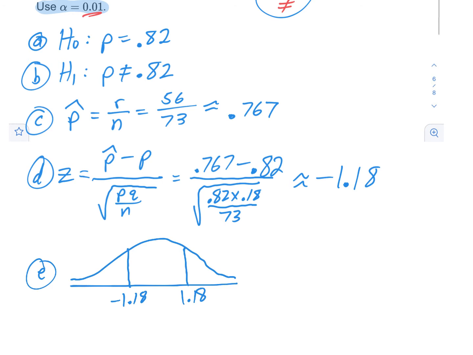Your job is to find this area here and this area here. Now remember, they're the same. So if you look up negative 1.18, it looks like 0.1190. That means this over here is also 0.1190. That makes sense, everybody?